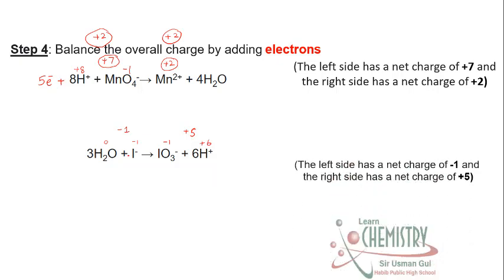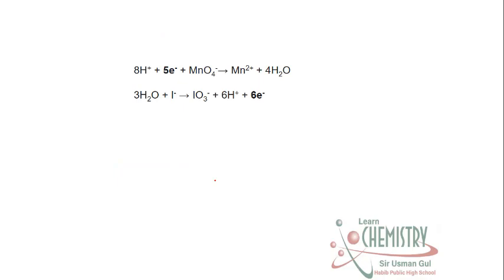So now to balance that, we will add 6 electrons on the right hand side. Why have I added 6 electrons on the right hand side? Because the right hand side has a greater positive charge. So we always add electrons where the positive charge is greater. Now both half reactions are electrically balanced. Now we will move toward the next step.